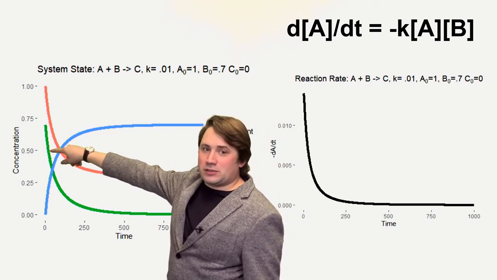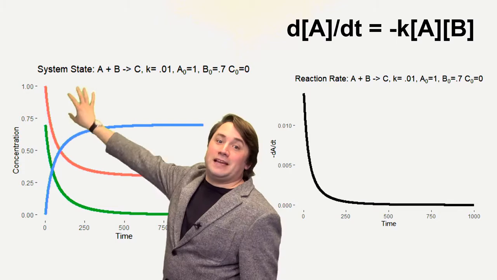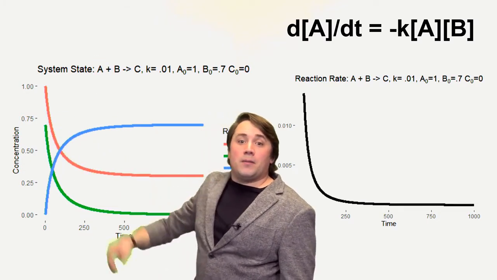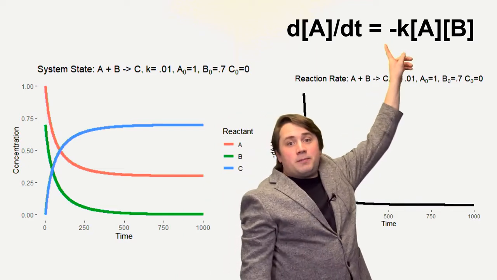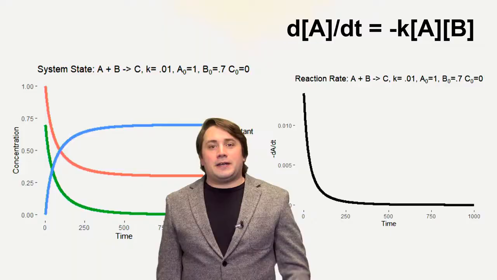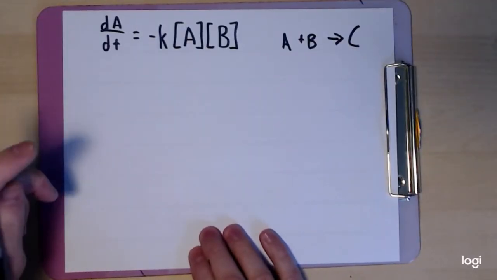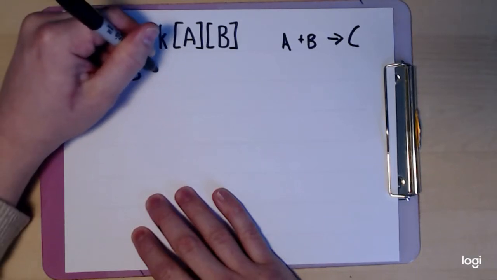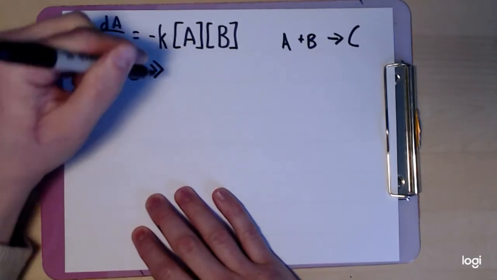A starts off at 1, B starts off at 0.7. What if A started off at 10,000 and B started off at 0.7? What does that do to this expression up here, and can that lead to a useful simplification for us? Let's find out. Let's consider the case, just to begin with, where the concentration of B is much greater than the concentration of A.